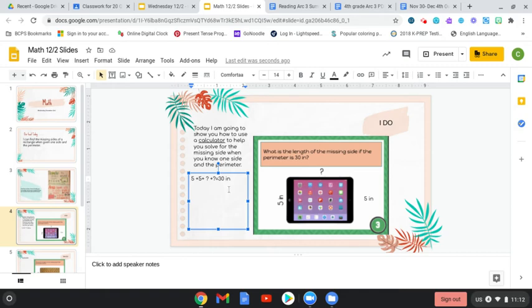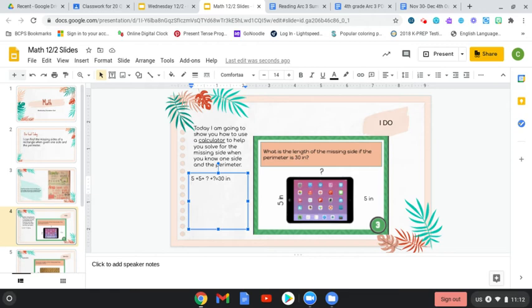So I'm going to think about what I already know. I know that I have to add all of them together to get 30. If I take the 5 and the 5 here, I know that 5 and 5 together equal 10.